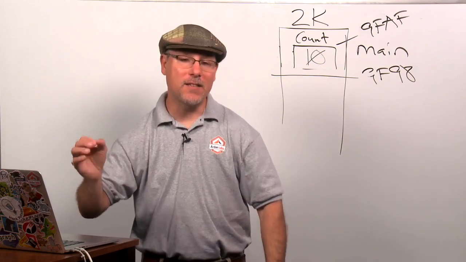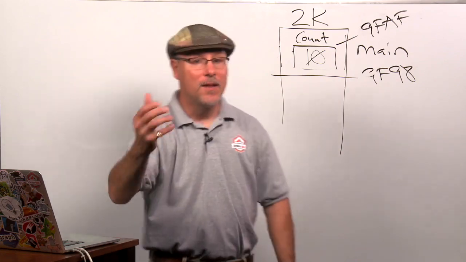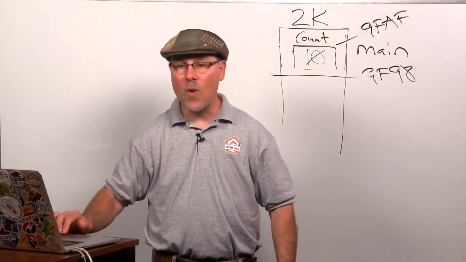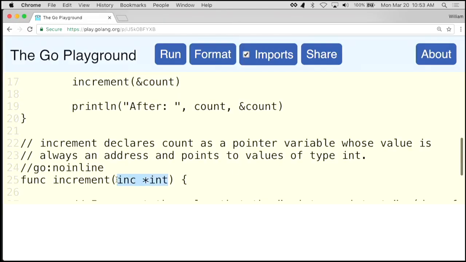And because we're passing this address across the program boundary by value, that means we need a variable that can store an address. And this is where pointer variables come in. I want you to look at how we've changed the declaration here. Notice now that the int variable is not based on the int type. It's based on a type called *int.